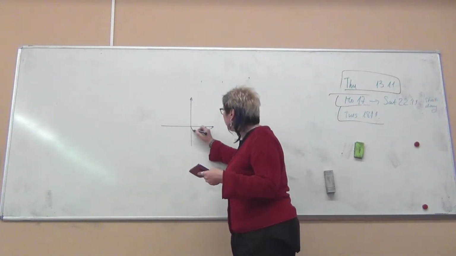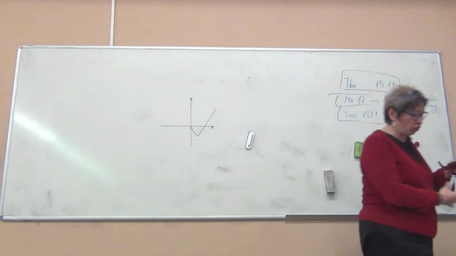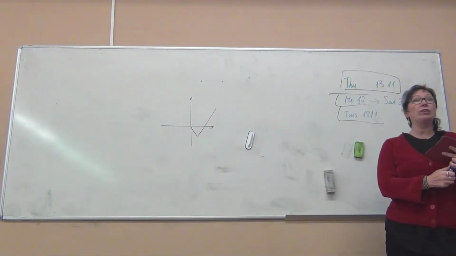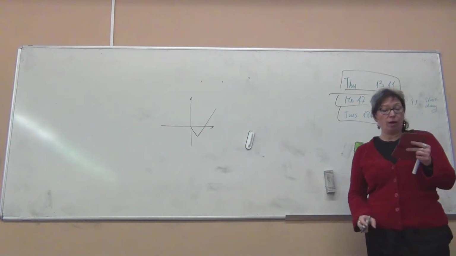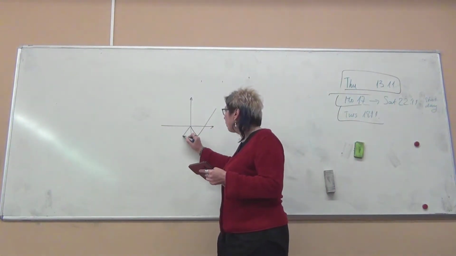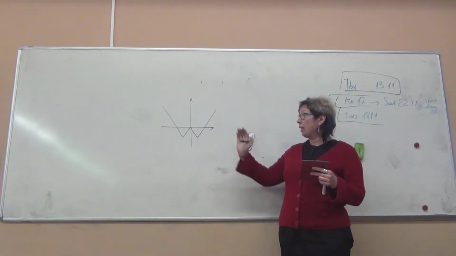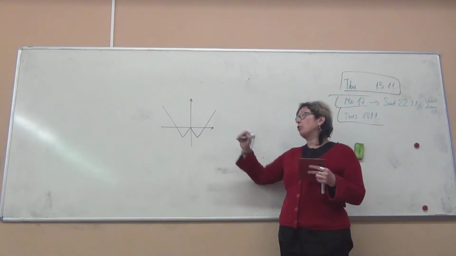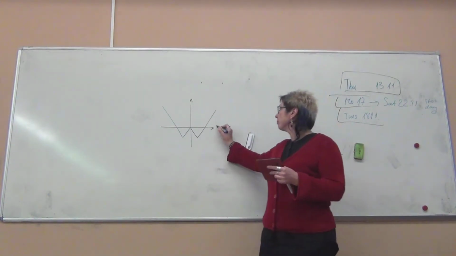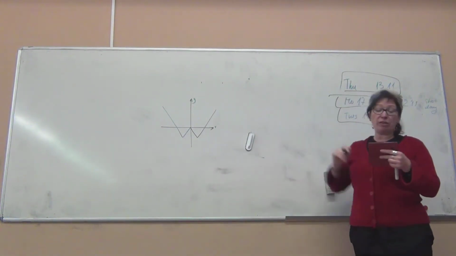So in A, if you are given a graph like this, to make an even function, all you have to do is sketch the missing half. And the missing half, remember the symmetry, opposite x values have the same y values for an even function. An even function is symmetrical with respect to the y-axis. And so that's why you have to simply add the missing half.